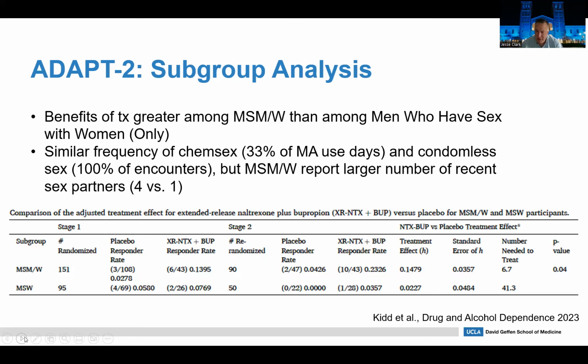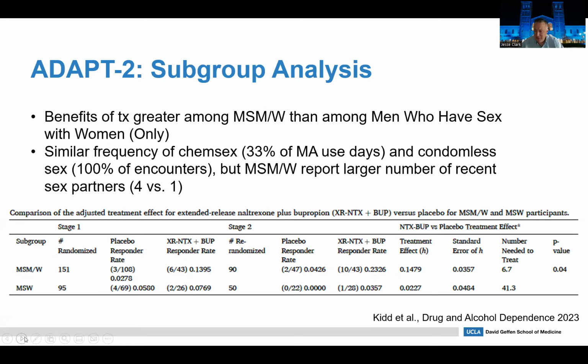There was a similar rate of condomless sex. Nobody was using condoms in any of their encounters. But the men who reported sex with other men also reported a larger number of recent sex partners, a median of 4 as opposed to 1 among the exclusively heterosexual men, and found that the MSM responded better to treatment. So they were more likely to reduce their use in response to the treatment.